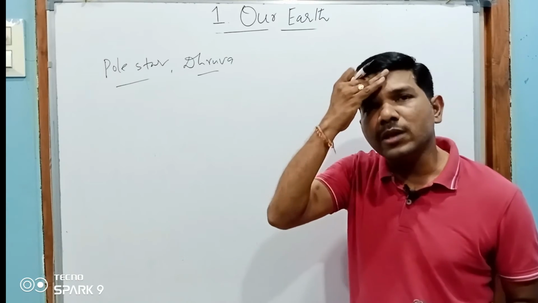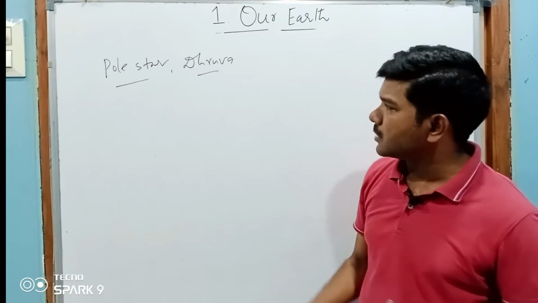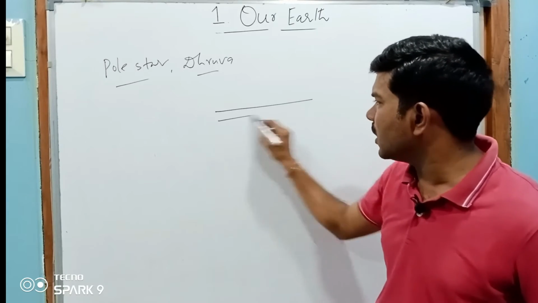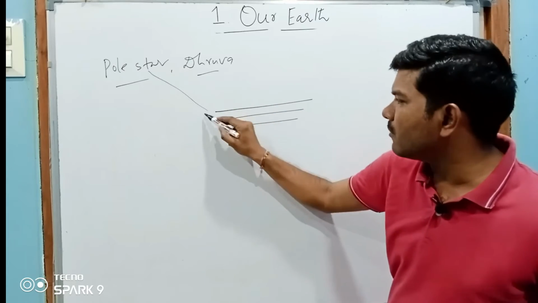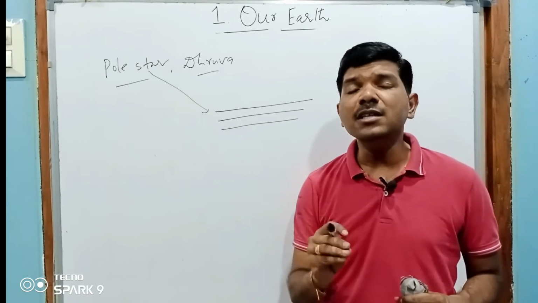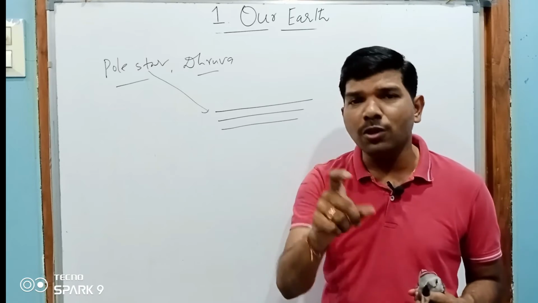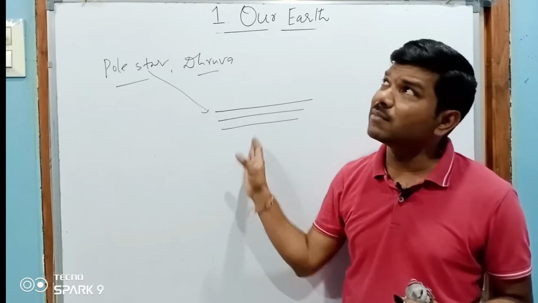So Indians knew the latitude of a place. To measure the latitude of a place, they used the pole star. I repeat, Indians knew the latitude of a place from the inclination of the dhruva tara.